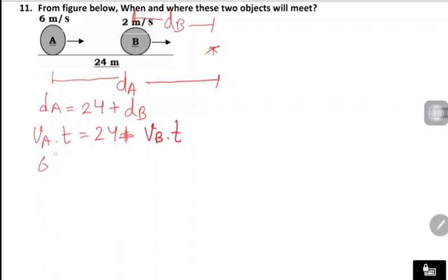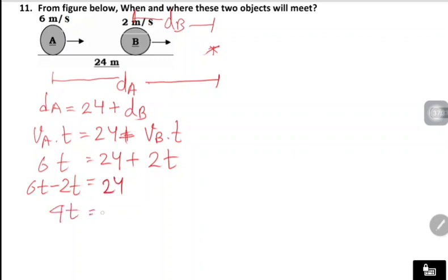Velocity A is 6, so 6 times t equals 24 plus 2 times t, and we get 6 times t minus 2 times t equals 24. 4 times t equals 24, and t is 24 divided by 4, which is 6 seconds.